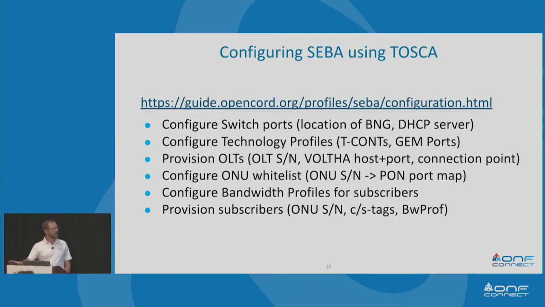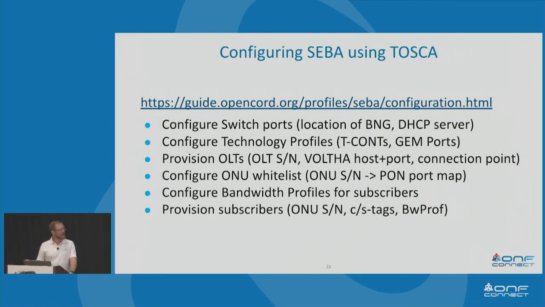You tell it information about the OLTs, so for instance, the serial number, how VOLTHA can contact it, where it connects to the aggregation switch, so you're building out the topology.